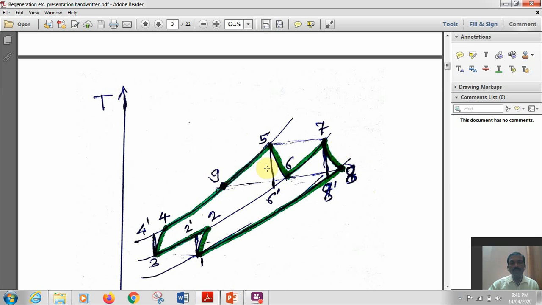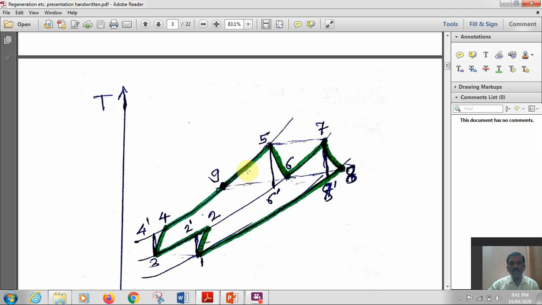The efficiency is equal to (WT minus WC) upon QS. WT is Cp(T7 minus T8), known to you, plus Cp(T5 minus T6), also known. This becomes the turbine work, minus Cp(T4 minus T3), known to you, plus Cp(T2 minus T1), known to you, divided by QS.